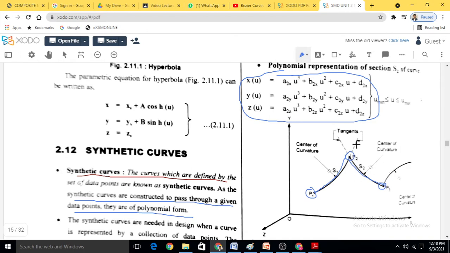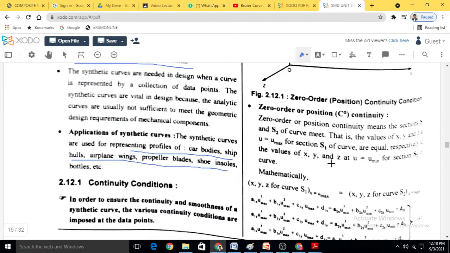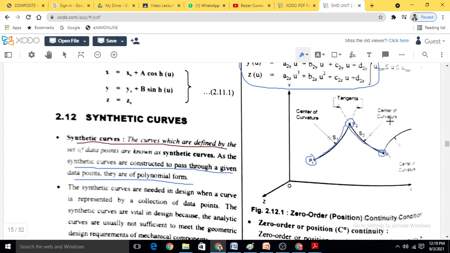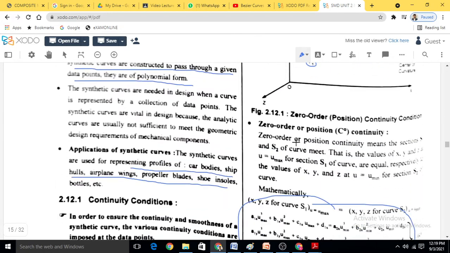So for sections 1 and 2, the common point is P2, and at point P2, u is maximum for section 1 and u minimum for section 2. So if we compare this, we will get this equation. So here in zero order position continuity, we can say that it means section 1 and section 2 of the curve are met.